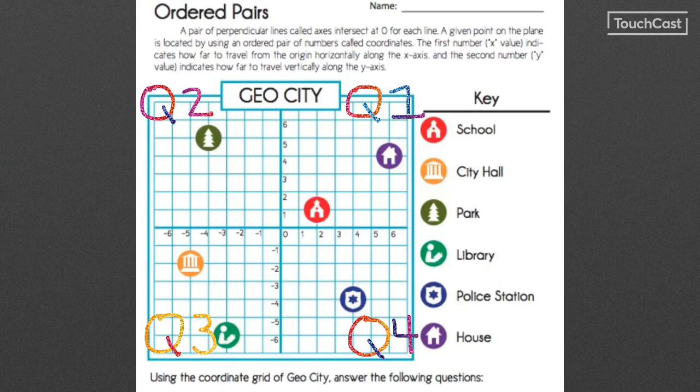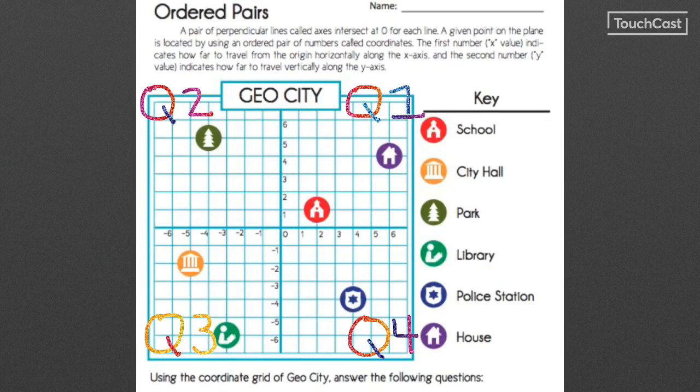In our ordered pair, the first number is the x value, which indicates how far you travel from the origin horizontally along the x-axis. And the second number is the y value, which indicates how far you travel vertically, so up and down, along the y-axis.